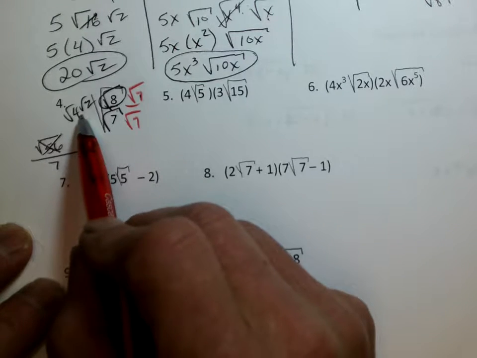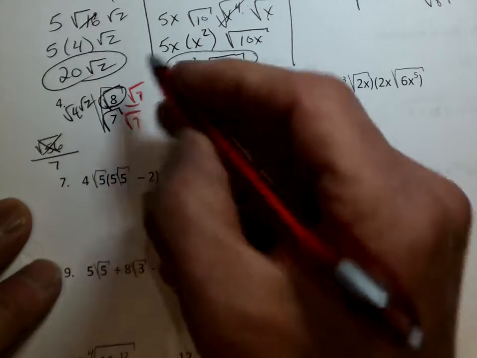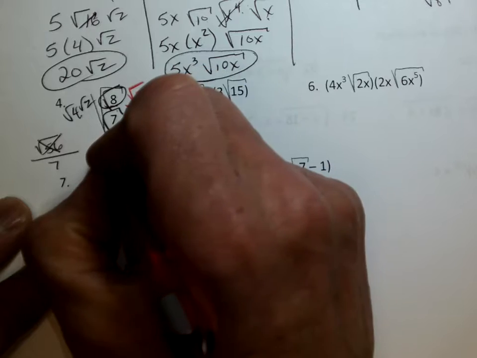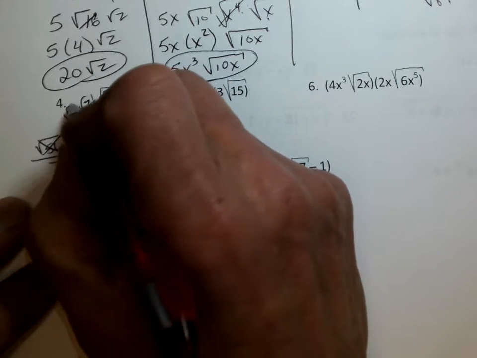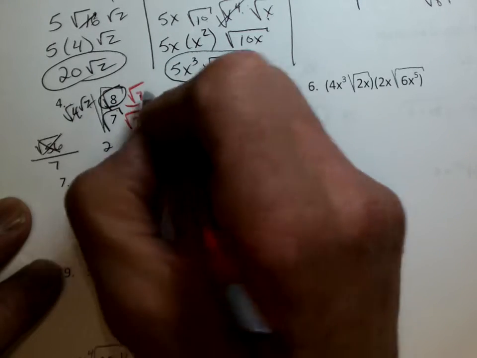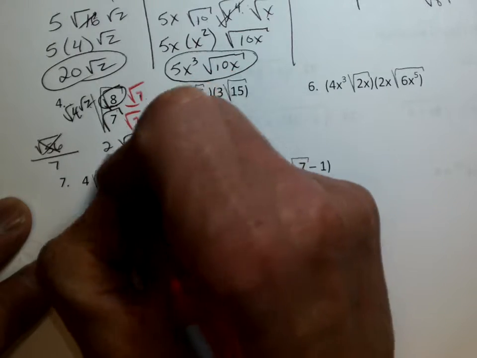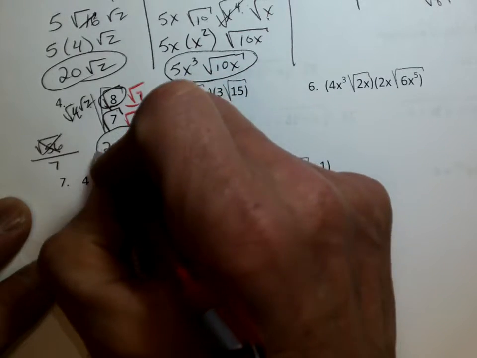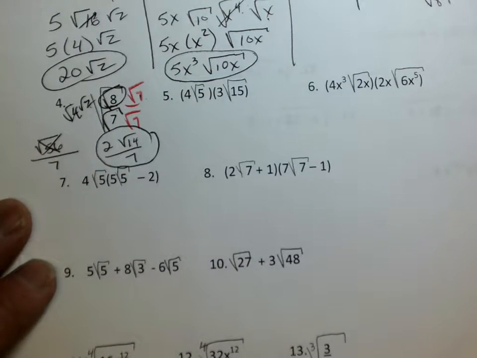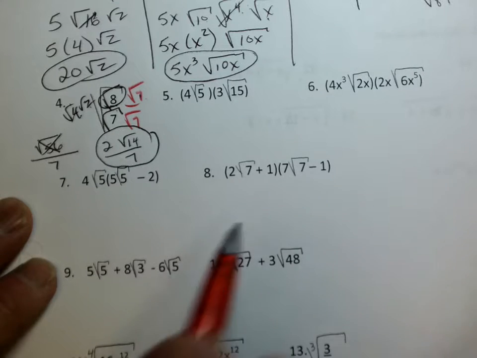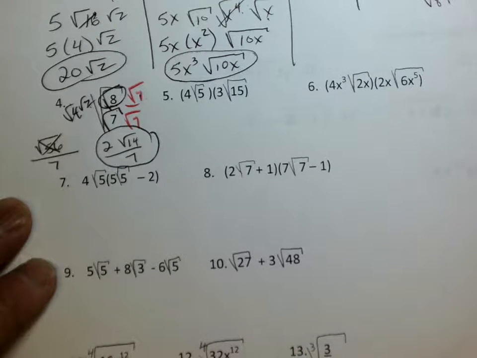Square root of 4 is 2. So I'm going to get 2 times the square root of 14 over 7. That's a better answer. Do you want me to try that one again so it's not so confusing? Yes, no? Wait, the 7 from 49, right? Yeah. Am I okay? You don't want me to do this one again, you guys?